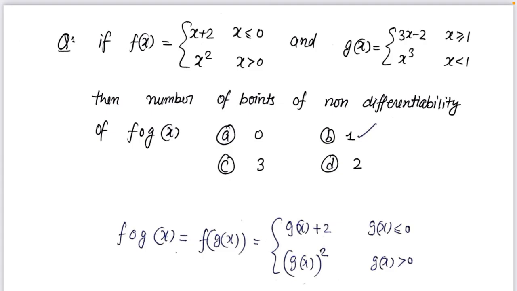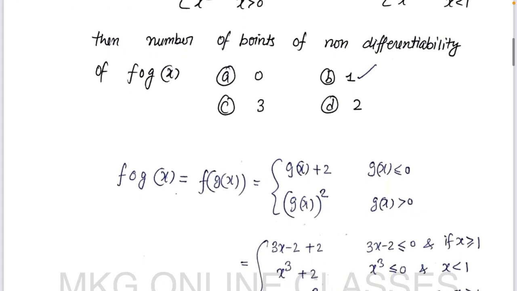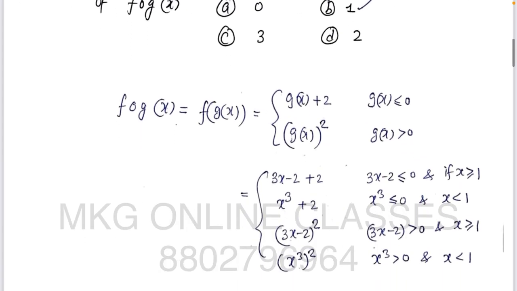Now we are having two definitions for g(x). One is when x is greater than or equal to 1. Second is x less than 1. So in place of g(x) I'll be writing 3x minus 2 if x is greater than or equal to 1. So basically I'll be getting 4 terms like this.